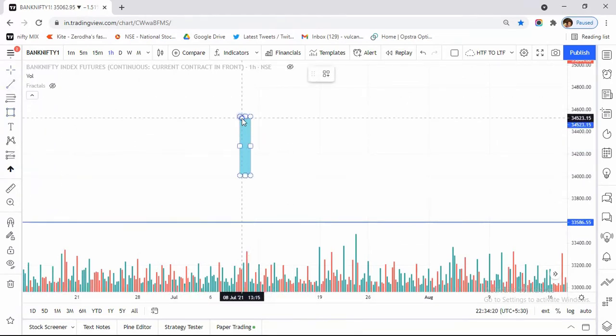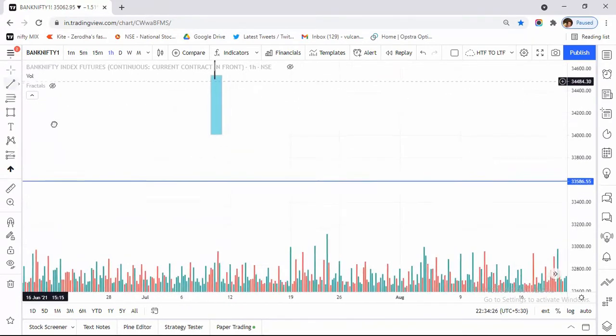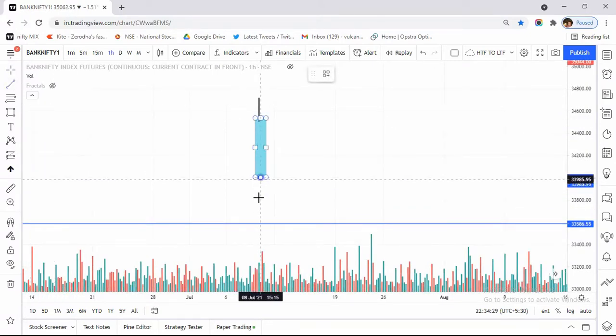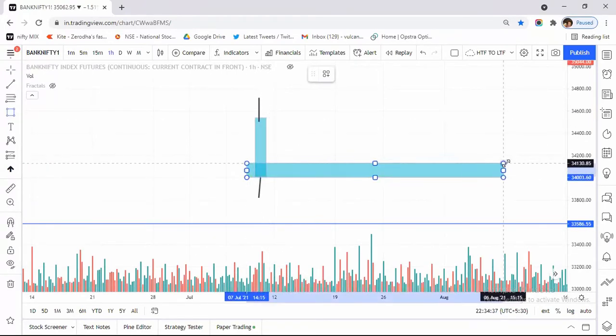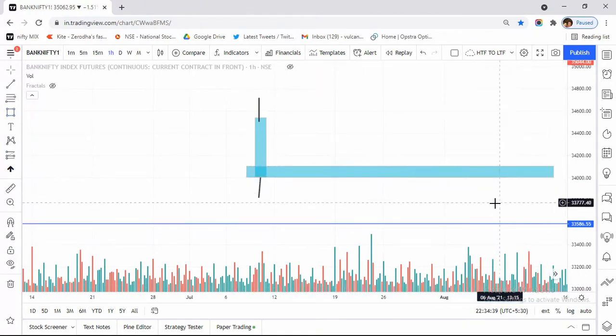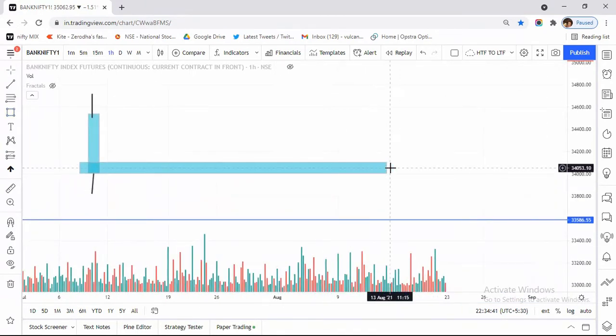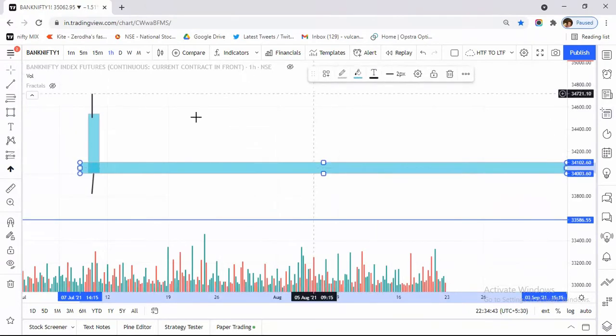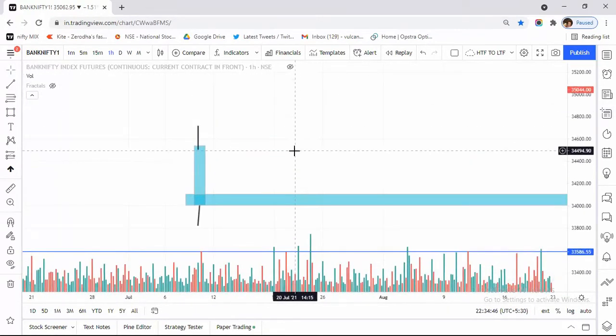Suppose this is a green candle and this is your wick. If this green candle happens on high volume, I will mark the open like this, and this whole candle open will act like my demand zone.